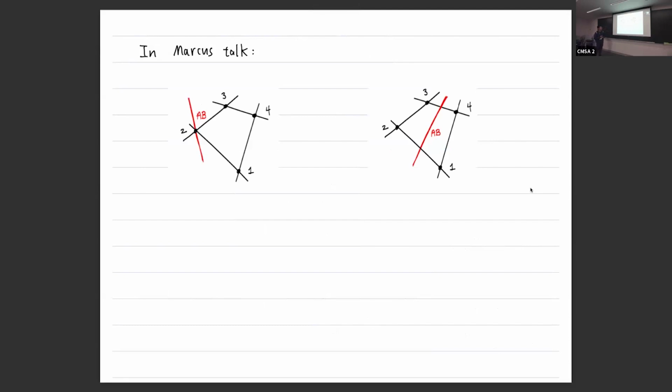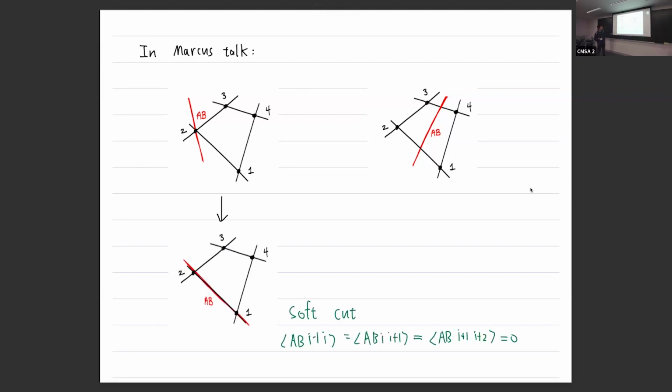And in Mark's course, he talked about the boundary of the 4-point amplitude. The first is the AB line passing through a vertex, and the second is passing through the 2 line. And if we further ask the line to pass through another vertex, this we call the subcut in physics.